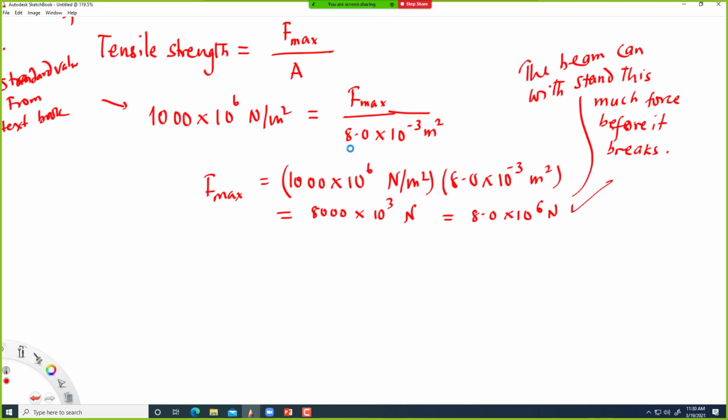So far we talked about stretching or compressing of one-dimensional material like wires or rods, but sometimes we may also come across deformation in 2 dimensions or 3 dimensions.